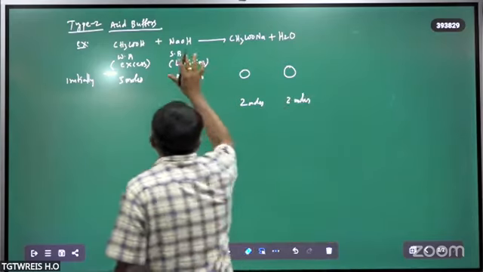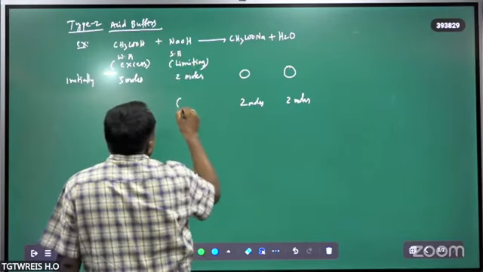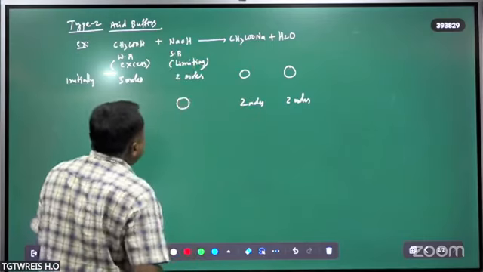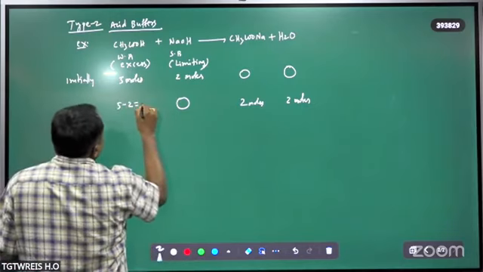The total 2 moles of NaOH are consumed into these products. Therefore, after completion of the reaction, NaOH is 0 moles, but acetic acid is 5 minus 2, equal to 3 moles.